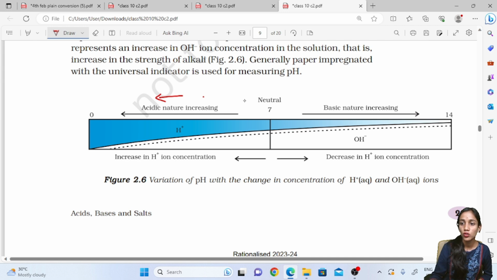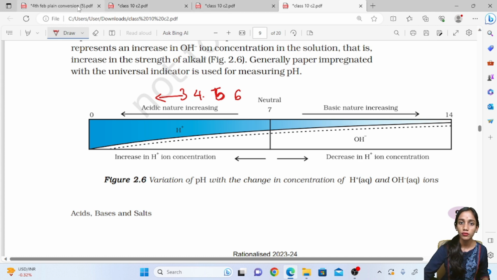So as you go from 7 to 0, the acidic nature will increase. A pH 6 acid will be of low strength. pH 5 will be stronger than pH 6, and pH 4 will again be stronger than pH 5. pH 3 will be stronger than pH 4. So as the pH decreases, the acidic nature is increasing, which means that the hydrogen ion concentration is increasing.